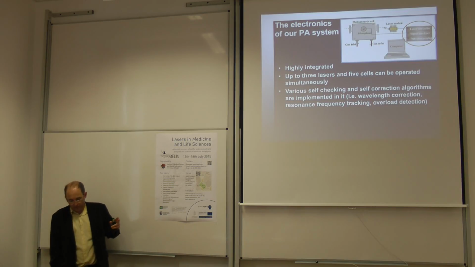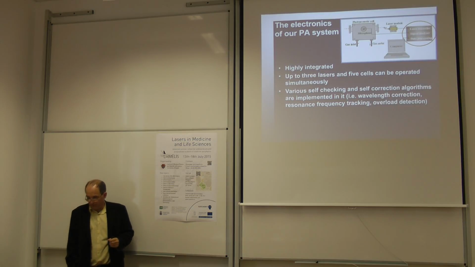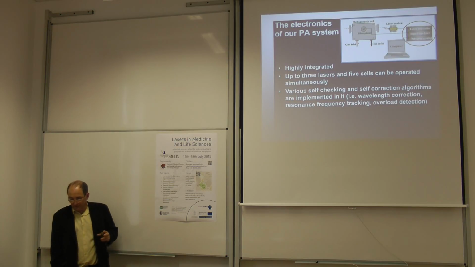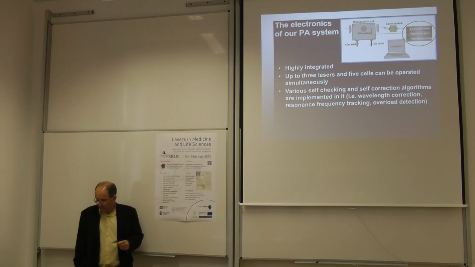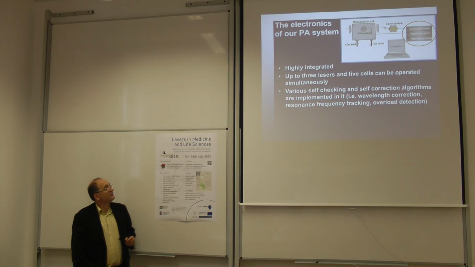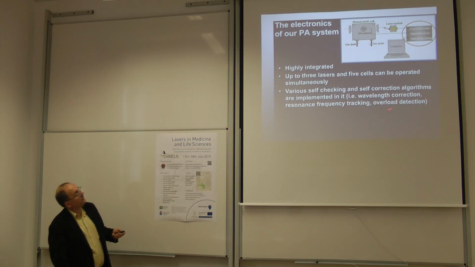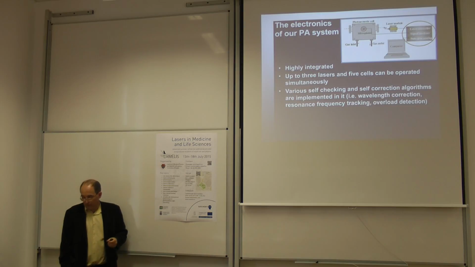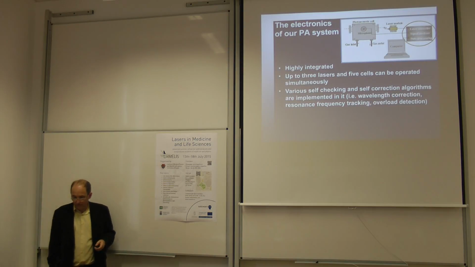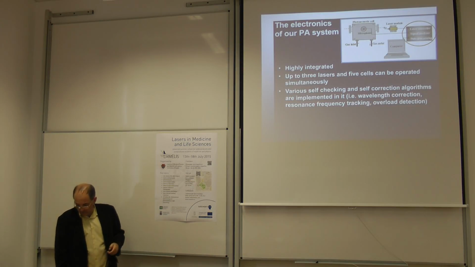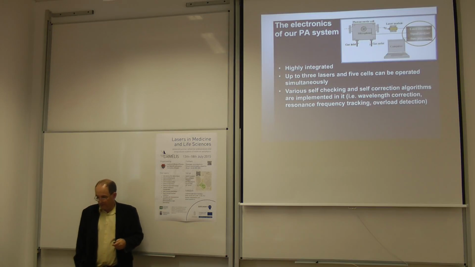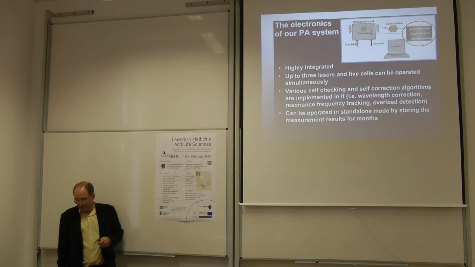It can search for the proper wavelength of the laser. It can search for the proper resonance frequency. It can detect if the outside noise is too big, which means that the system is overloaded by noise. So it has really various self-checking and self-correcting algorithms.